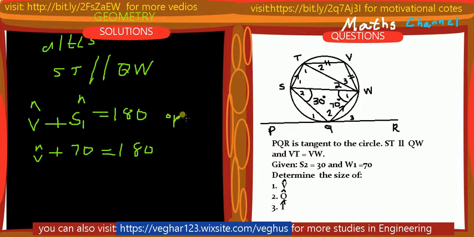This is the opposite angle of the cycle quad. This is the reason we say this one equals to, if you can check, you will see those angles.